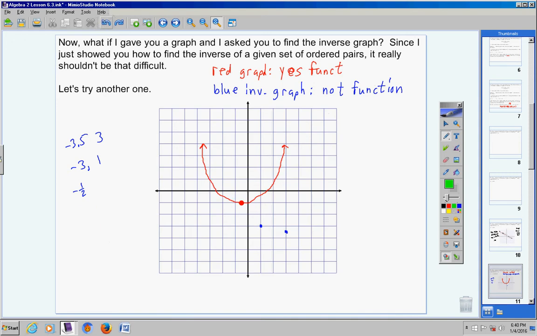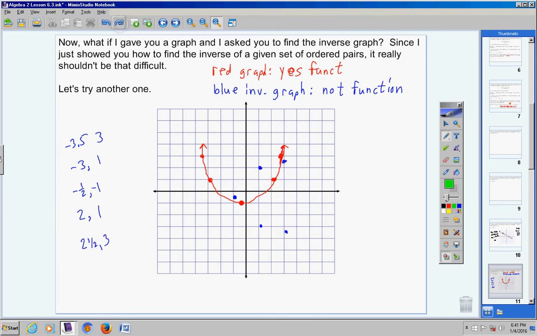I looked at that red graph and I drew horizontal lines, and I saw right away that the horizontal line touched the graph in more than one place. So then I knew after I graphed the blue graph, it would not be a function, and it wasn't. After I graphed it, I did the vertical line test, and you saw it was not a function. Okay? Hope that makes sense.